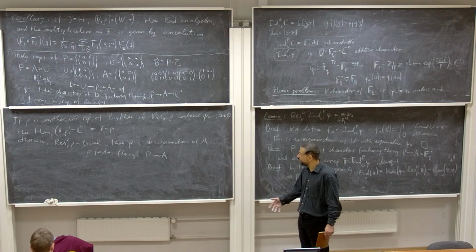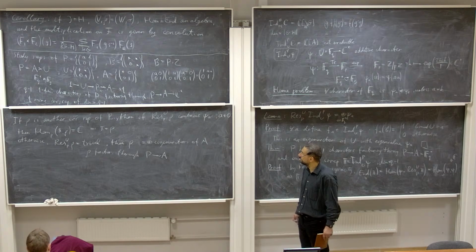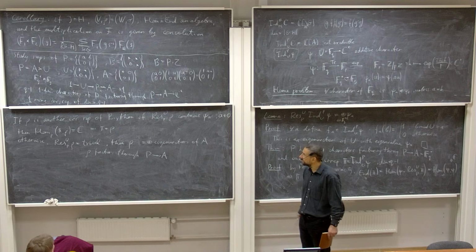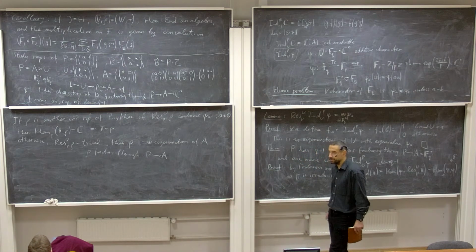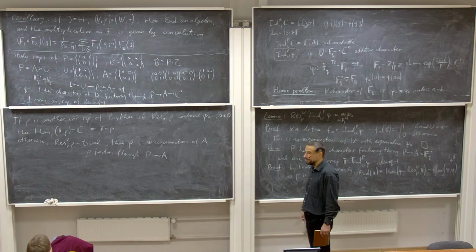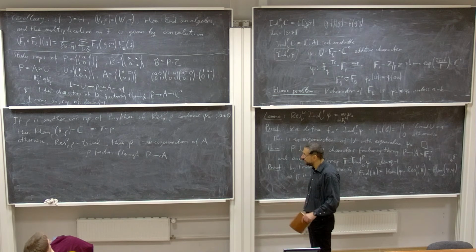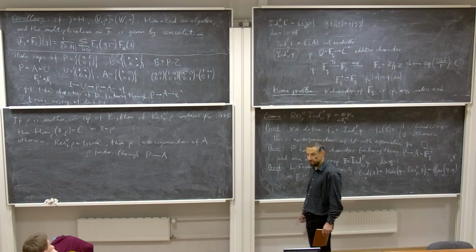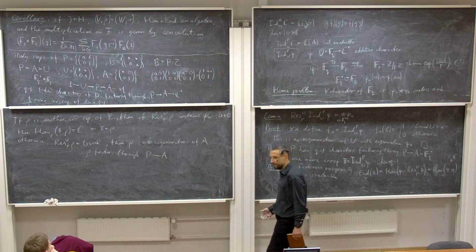For a generic character of Borel, its induction to GL2 will be irreducible, and it's called a principal series representation. Okay, but next week I will be away, so we'll meet next time on January 31st, not next Tuesday, but in a week.